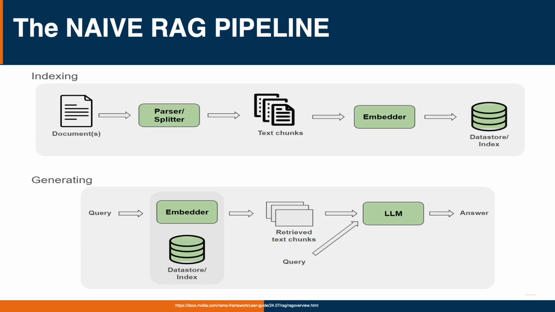The embedder converts your document into vectors. And all these vectors, because we need some kind of similarity index, we need a vector database to store those vectors in that vector data store.